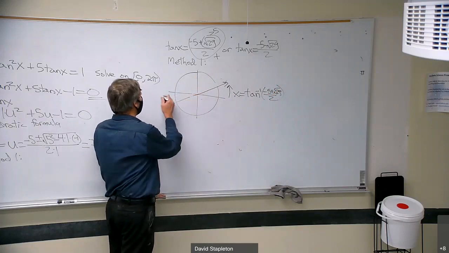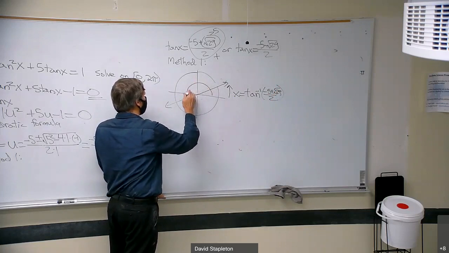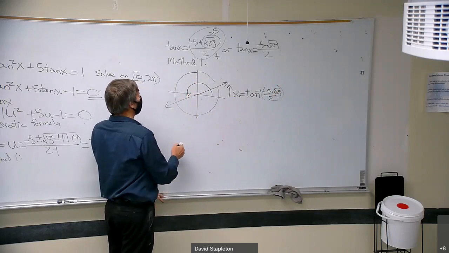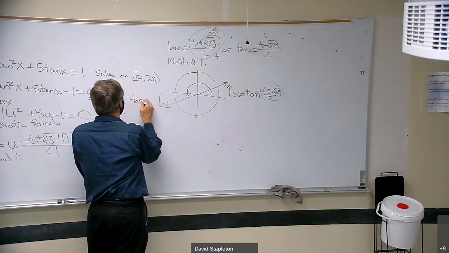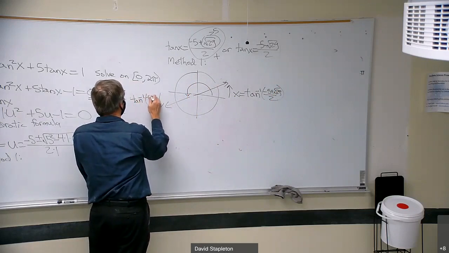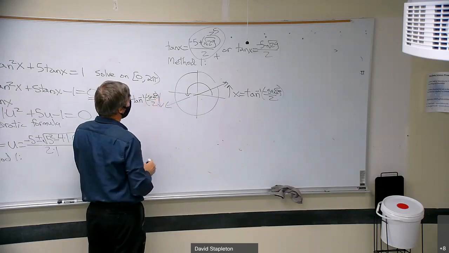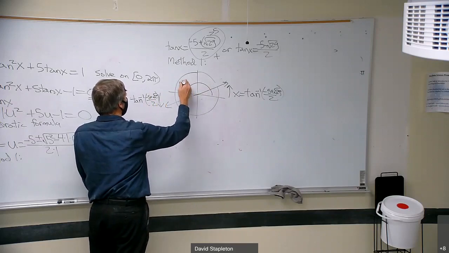Now, if that's the arc tangent, what is this angle, the other possibility? By symmetry, this is also the arc tangent of minus 5 plus root 29 over 2. So this angle is pi plus that arc tangent.